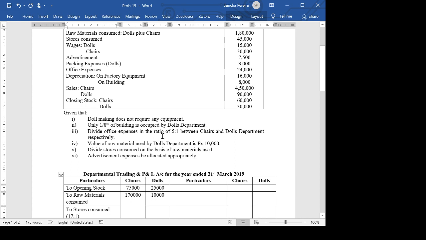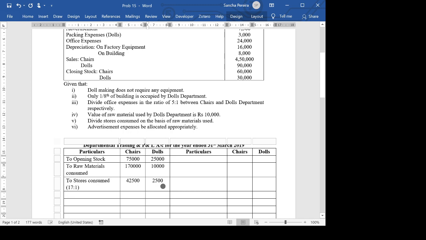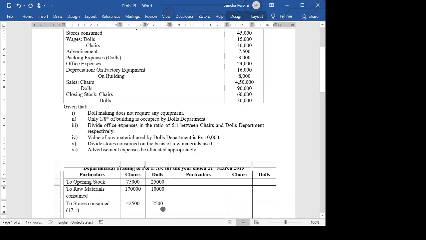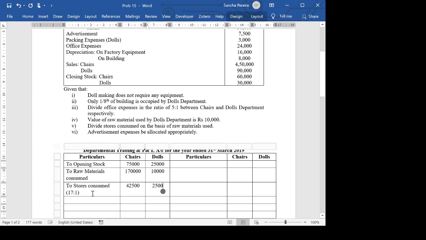Just do that calculation. You get 42,500 and 2,500, in the ratio of 17 is to 1. Where did I get the 17 is to 1? Here.